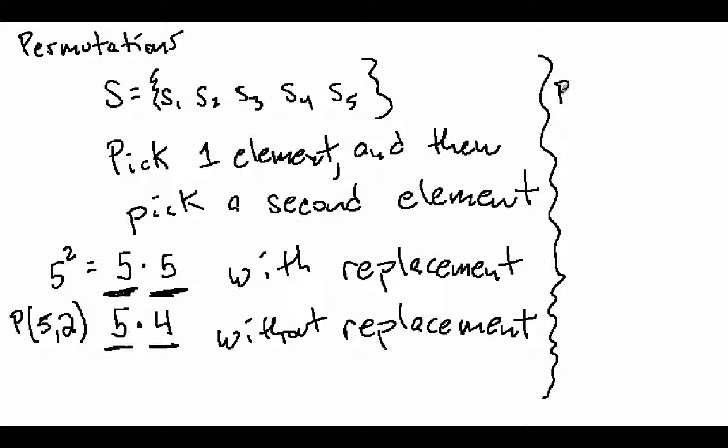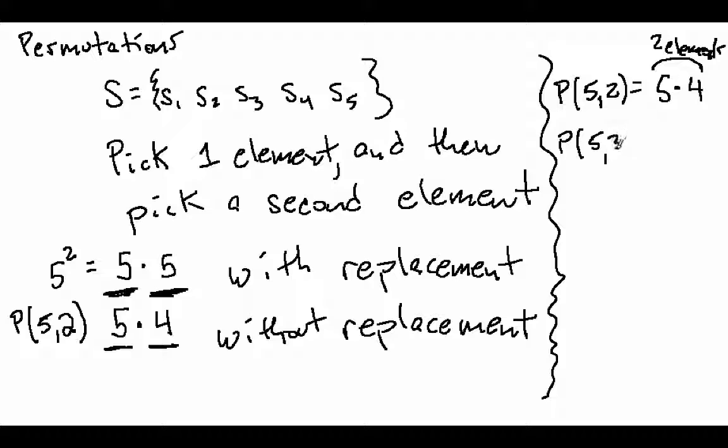Notice that P(5, 2) is equal to 5 times 4, and the point is that there are two elements I'm multiplying. If I were to talk about P(5, 3), that would be equal to 5 times 4 times 3, and there are a total of 3 elements here.